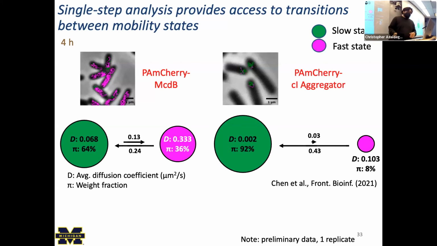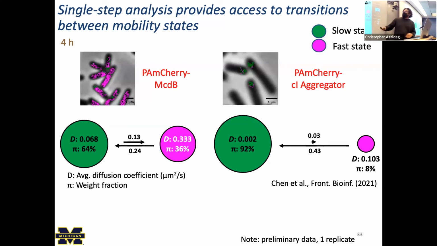And this is quite striking when we compare it to this C1 aggregator protein, which I've been telling you so far, forms these irreversible solid-like aggregates. So again, the diffusion constant is over a magnitude slower than mCDB, suggesting that it's behaving more like a solid. It's quite static in nature. And at this 4-hour time point, the high concentration, 92% of the steps were in this static state.